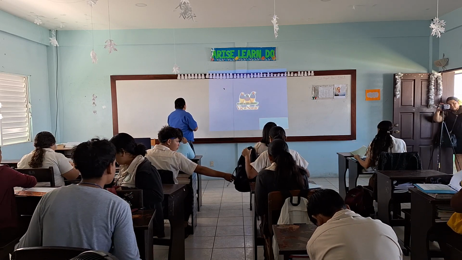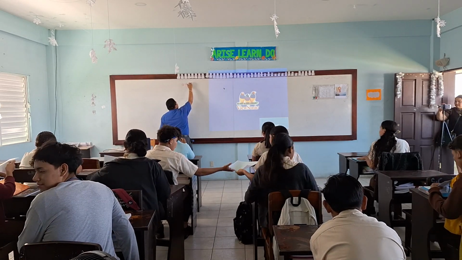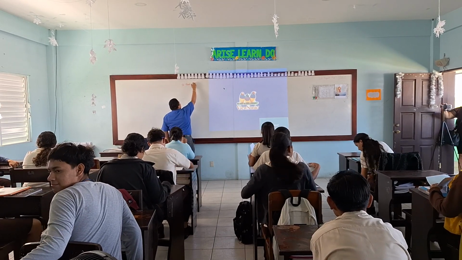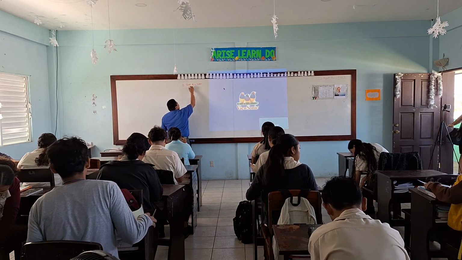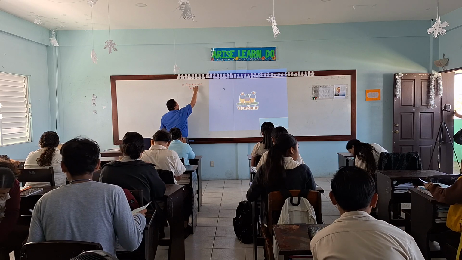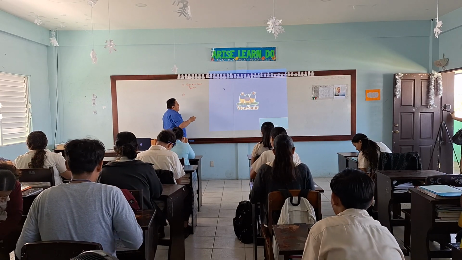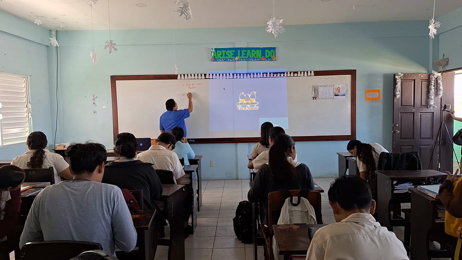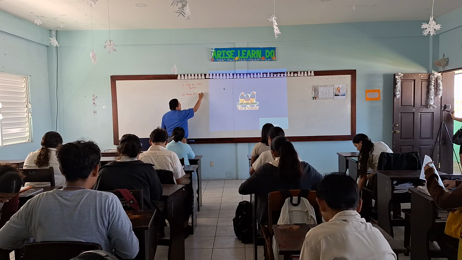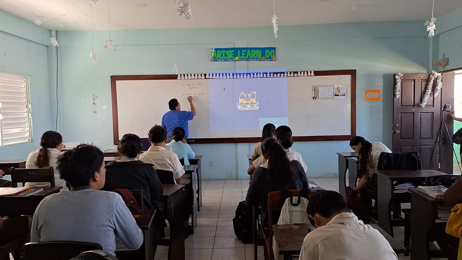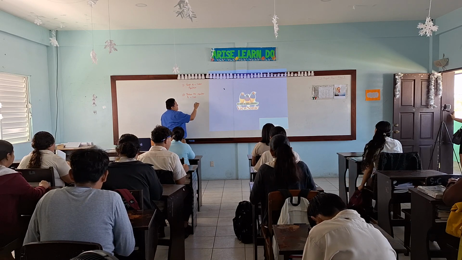Alright, so again, what we're going to do this morning is to draw the graph of a linear equation, and also we are going to deduce the equation of a line. Alright?